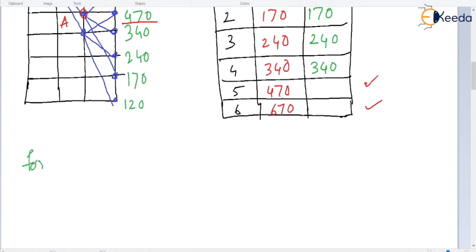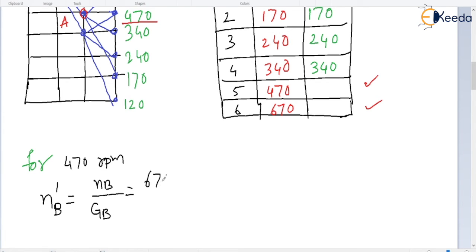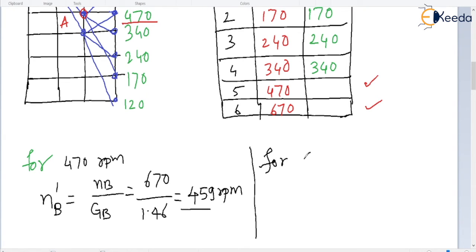For 470 rpm, we calculate N dash B, that is NB divided by the gear ratio, which is 670 divided by 1.46, which we take as 459 rpm. This is the first value we got. Now for 670 rpm, how can we proceed?